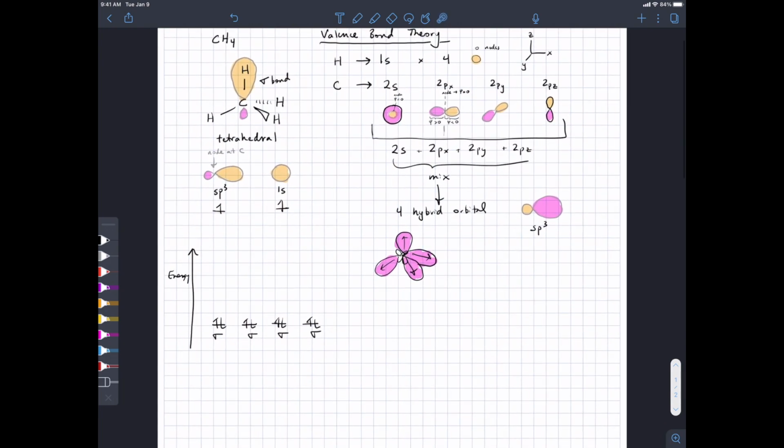And that sort of makes sense because we draw the Lewis structure of methane and all the electrons are in the same kind of bond. 4 identical bonds, got to have 4 identical orbitals, right? Okay, questions about that?